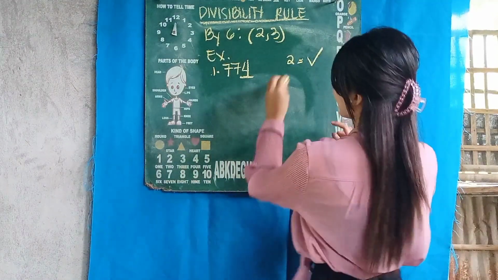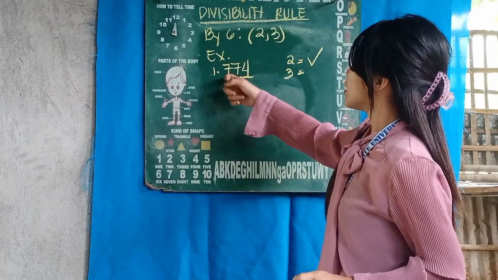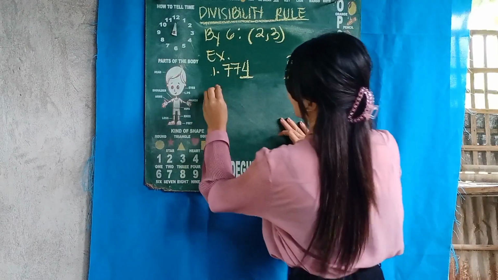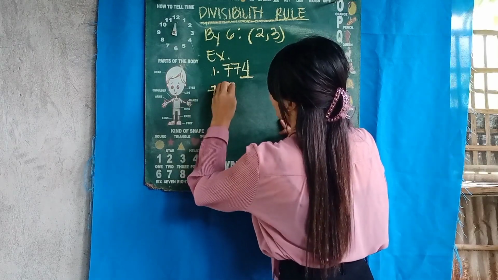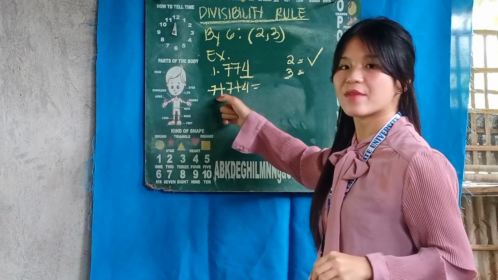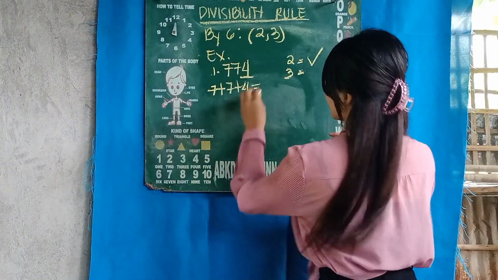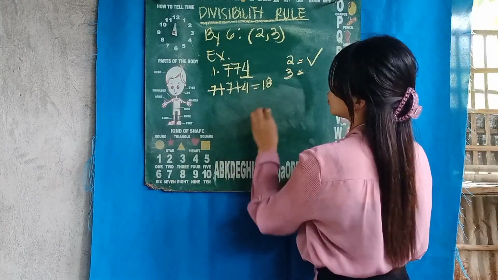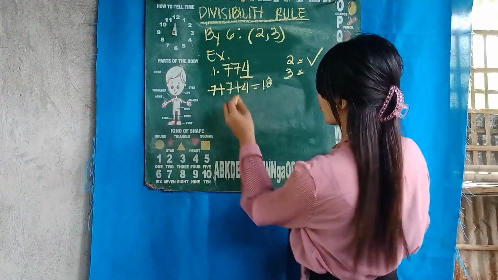Let's see if divisible naman siya sa 3. I-add lang natin sila. 7 plus 7 plus 4 is equal to what? 7 plus 7, 14 plus 4, 15, 16, 17, 18, equals 18. So, is 18 divisible by 3? Yes, of course.